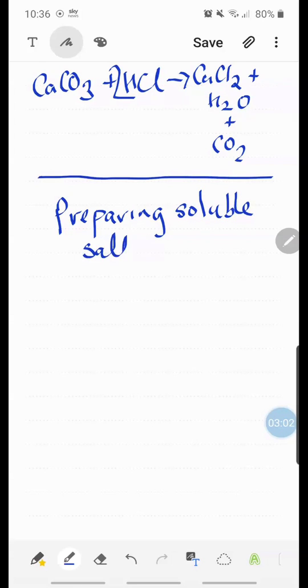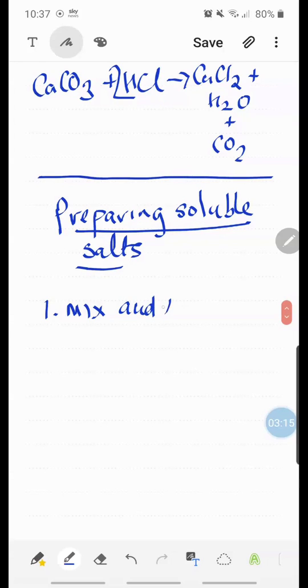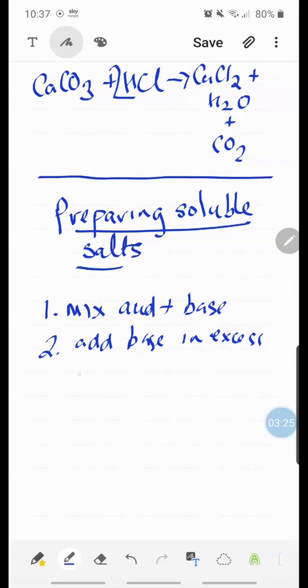Again, if we were in school, we would do this as a practical, but it's simply this: Number 1, mix acid and base. Number 2, add base in excess, i.e. 10 spatulas.